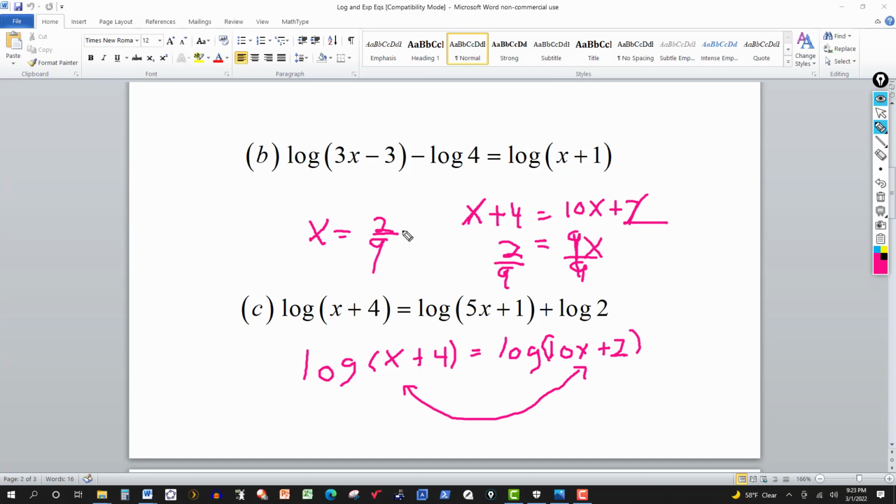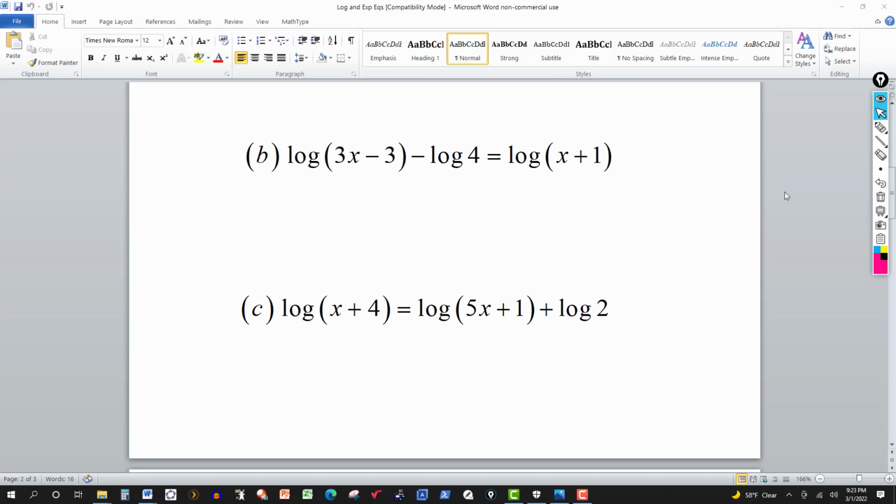And log of 2, that's positive. Everything that was done correctly, that should work. 2/9. And these are the same solutions that we got when we did it using the calculator and graphing each of these equations and finding the zeros which led to the solutions.